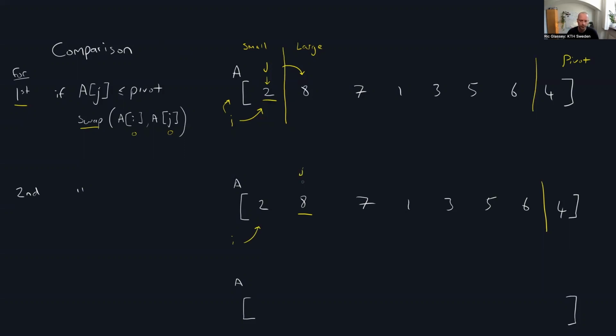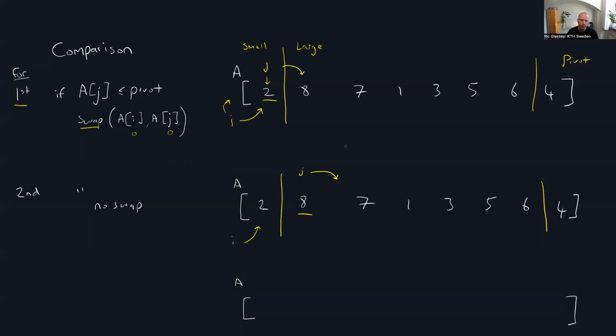Is 8 less than 4? No, it's not. So in this case, there is no swap to carry out. Because there's no swap to carry out, our I pointer doesn't advance, but at the end of that for loop, we add 1 on to j, so it moves.